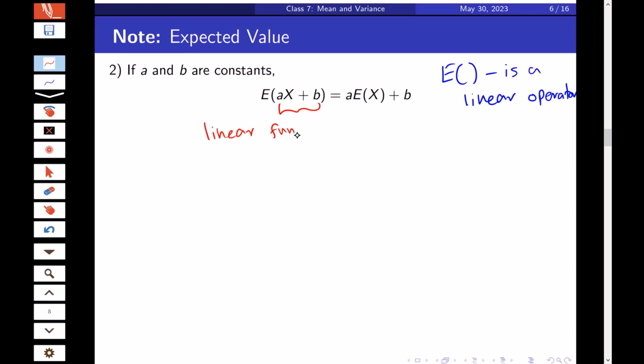So that's why it's a linear function. So this is a linear function of a random variable. It's the same as a linear function of the expectation.